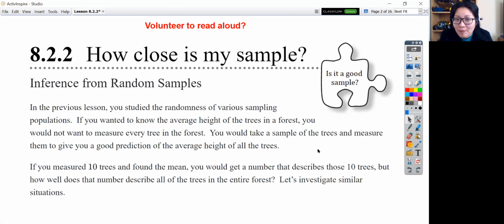So you would take a sample of the trees and measure them to give you a very good prediction to find out what the mean, the average, of all the trees is. Now, after you find the mean, you would get a number that describes those 10 trees, but how well does the number you just got describe all of the trees in the entire forest? So that is what we have to do today. So let's investigate similar situations.